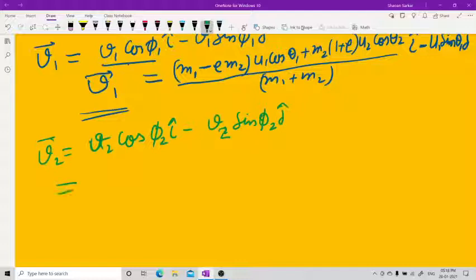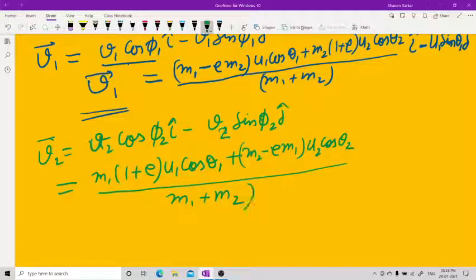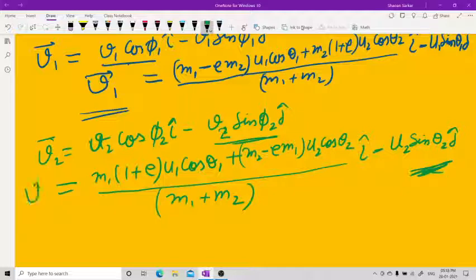So I'll put the value here, and this will become m1 common, (1 plus e) u1 cos theta 1 plus (m2 minus e m1) u2 cos theta 2 upon m1 plus m2, i cap, minus u2 sin theta 2 j cap. Now I hope you understood. This is actually my v2 vector.